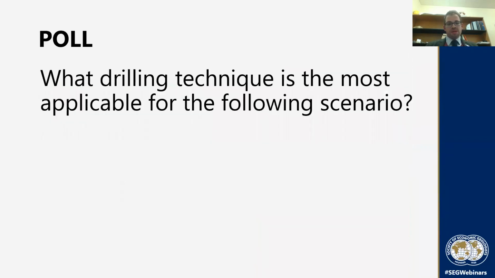Good. I think we're arriving at our next poll, and I would like you to look into the following scenarios that Deanne can kindly put up. So we're trying to practice a bit the learnings that we just had. I'm giving you two scenarios, and I would like you to choose which drilling technique you think is the most appropriate.